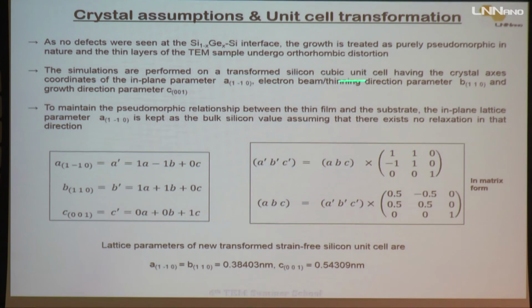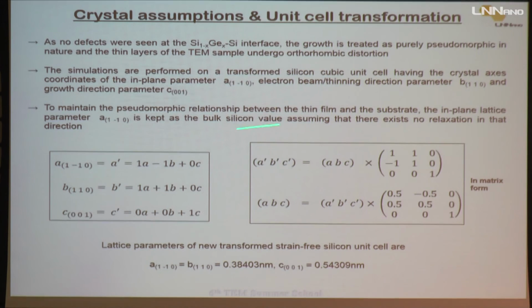I fixed them as A, B, C respectively, and then I considered that there won't be any relaxation in this particular orientation, and there will be strain changes only in the B and C directions.